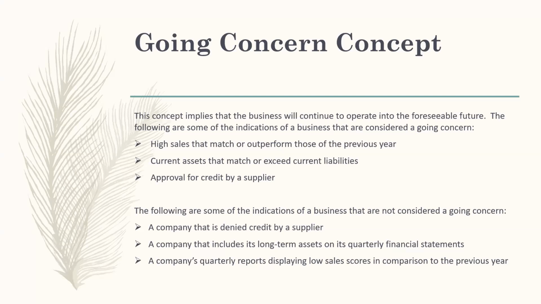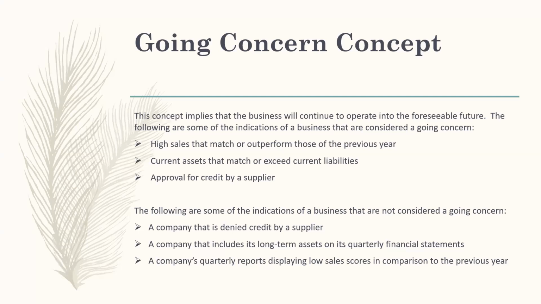I know that is a bit Greek, but I will explain it quickly. Your long-term liabilities are basically like mortgages. If you have a mortgage, anything that is over 5 years, that is a long-term liability. If you put that on a quarterly financial statement, which covers 3 months, that is an indication.